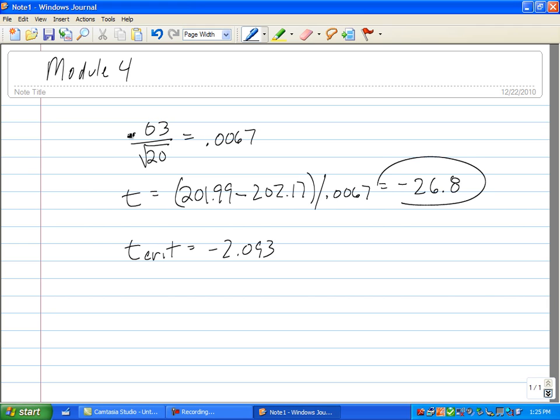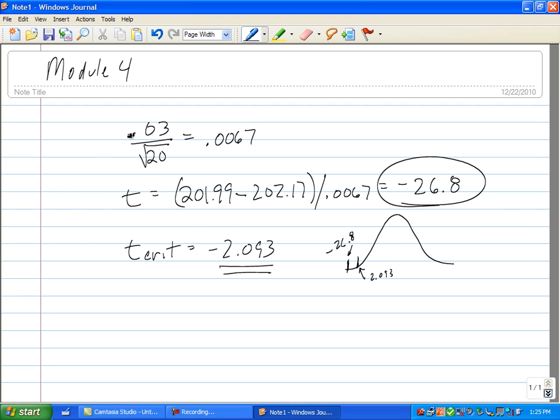Now, since this value of negative 26.8 is so far outside our critical value, that says that this is a highly unusual value, so our new instrument would be highly suspect. So anyway, here's what we calculated. Here's what the critical value would be, and we are way outside of that. So that's a little bit suspect.